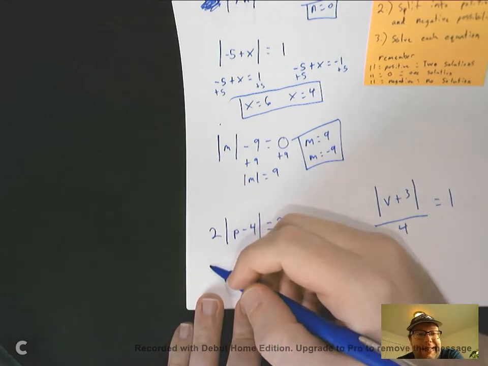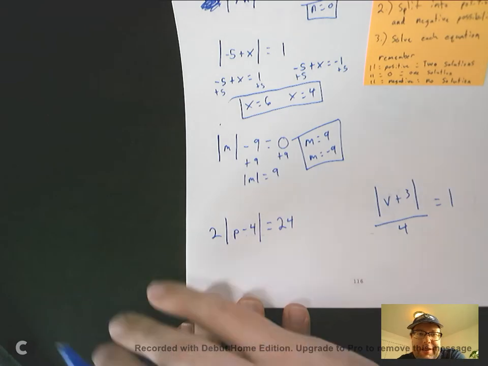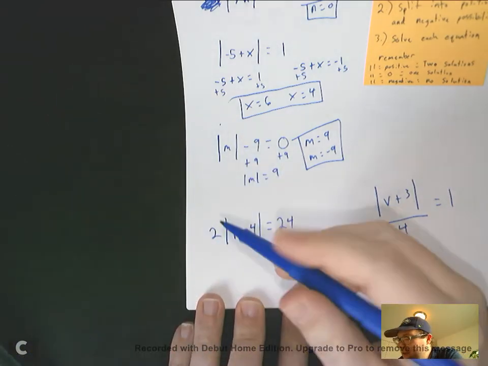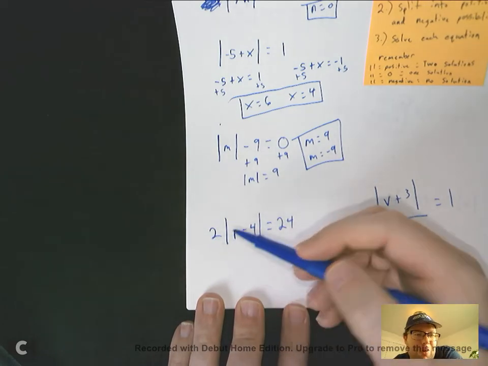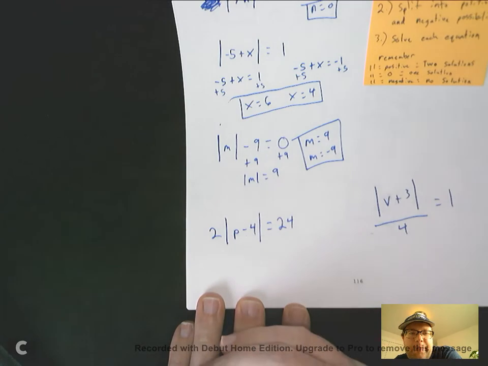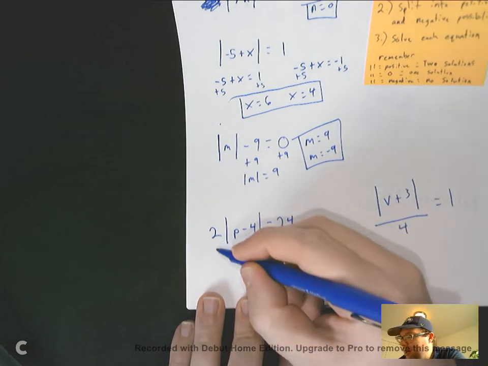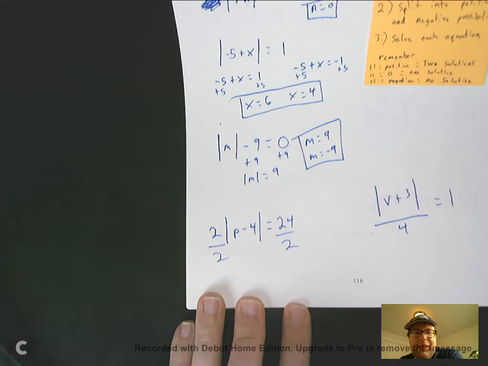You cannot distribute into an absolute value. It is not something you can move things into. So if I have a number in front of that absolute value, it's still technically multiplying like we've seen before. But to get rid of it, instead of distributing, I have to divide. So I have to divide each side by 2, right?